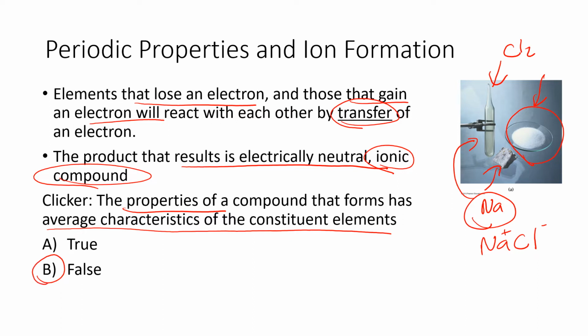Reason being is salt has completely different properties. Look, here this was a gas, this was a solid metal. Together it looks like this crystalline structure. So actually when ionic compounds are formed, the properties of the compound completely differ from the constituent elements that made up that compound. Completely different.